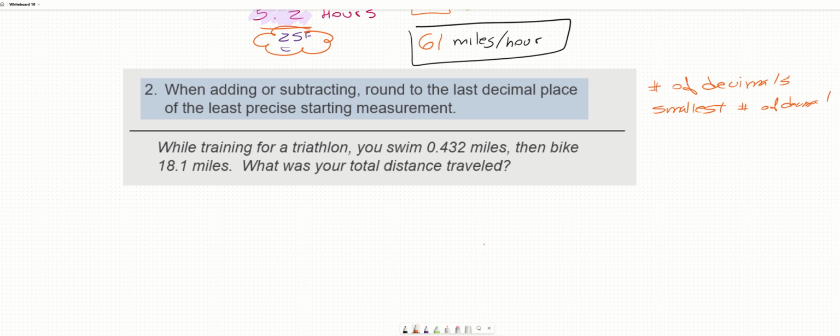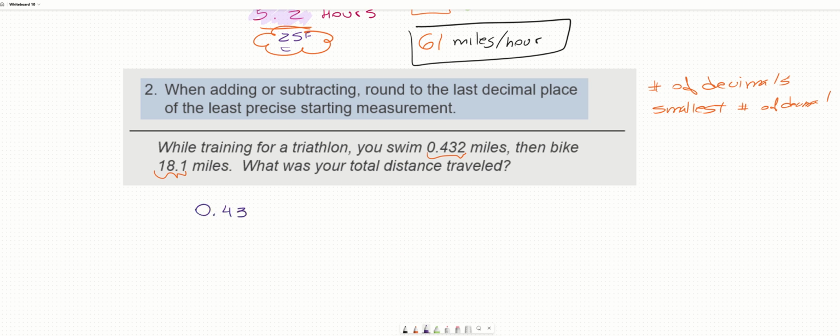While you're training for a triathlon, you swim 0.432 miles, then bike 18.1 miles. What was your total distance traveled? You add them together.